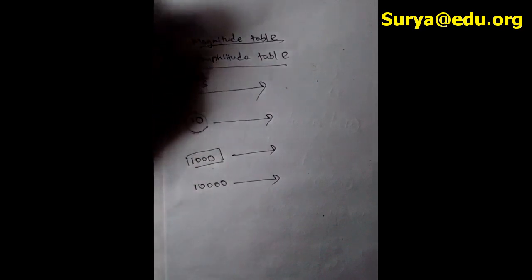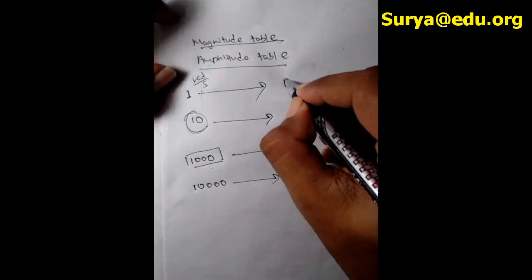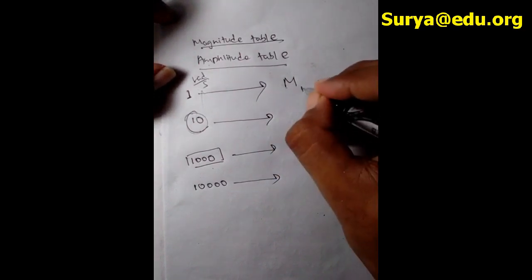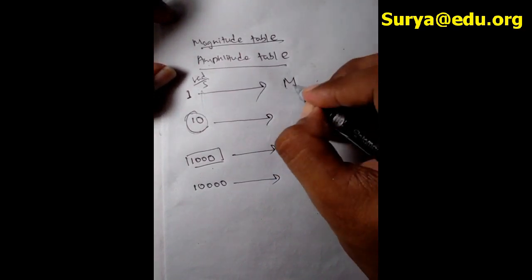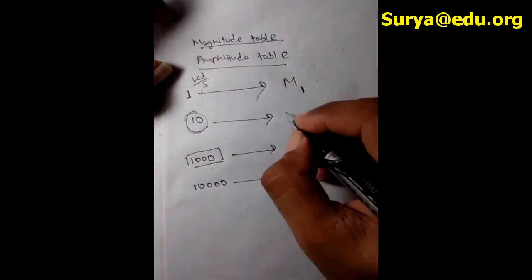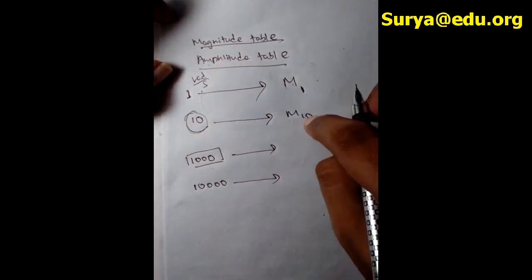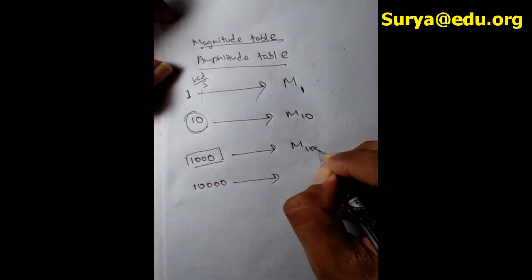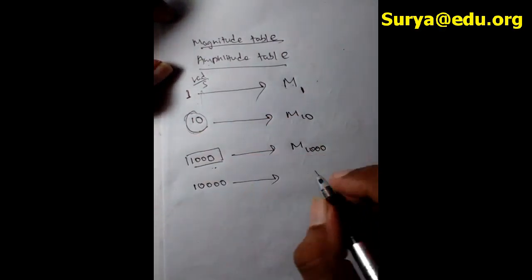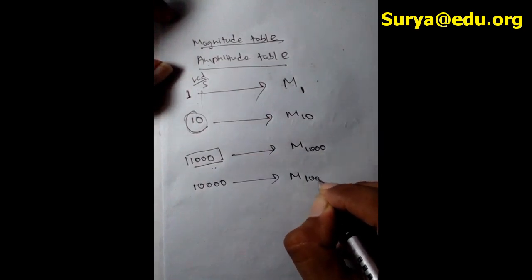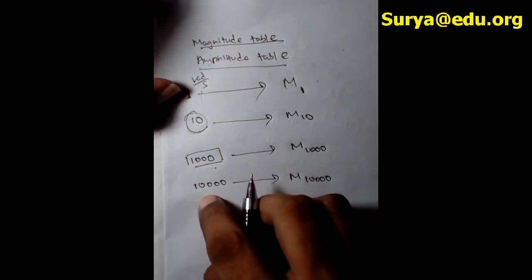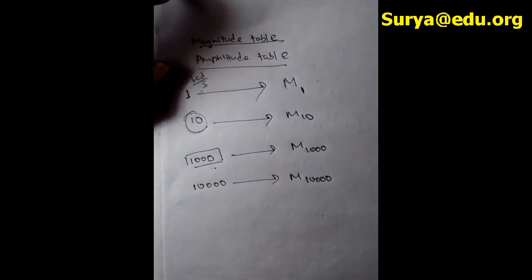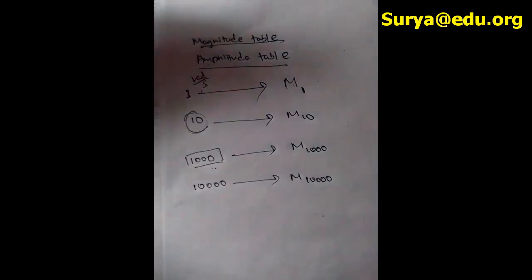So let's call it M1, right? So M1 is the magnitude for the corner frequency of 1. So now for the next one, let's say M10. M10 is the magnitude for the corner frequency of 10. M1000 is the magnitude for the corner frequency of 1000. Then M10,000 is the magnitude for the corner frequency of 10,000, right? So now let's see how we're going to find that.